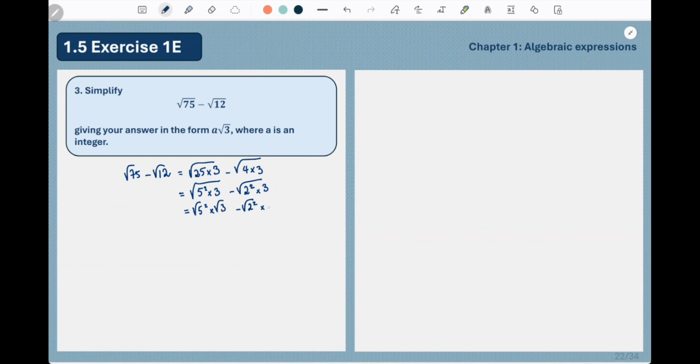I can split the root, and because this is a square, it stays at 5 square root of 3 minus 2 times square root of 3. And simplifying, because they share the same term, I'm going to add minus 2 to 5, and it becomes 3 square root of 3. So now I've written my answer in the form a times square root of 3, where a in this case is 3.